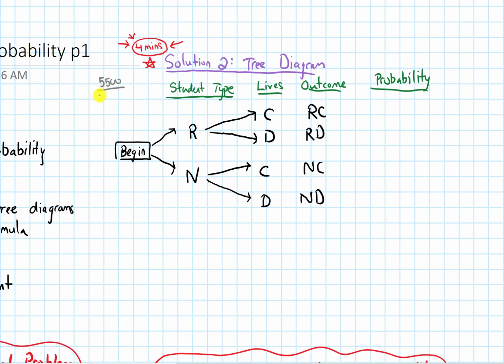We figured out there were 7,300 total. So if we simplify this by dividing the top and the bottom by 100, this becomes 55 over 73. In the same sort of way, for the number of new students, that was 18 over 73 if we simplify it, because originally it would have been 1,800 over 7,300.